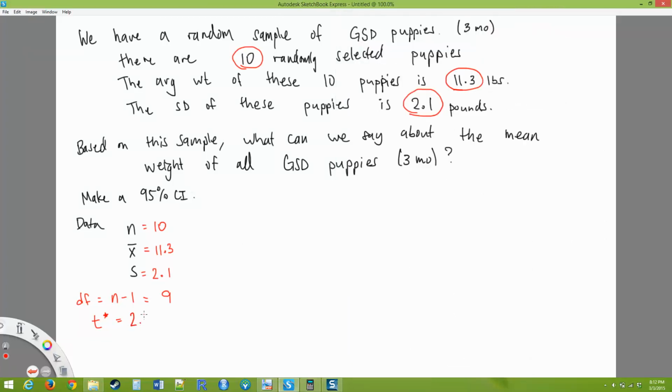So that's going to be our T star. Okay? So look in the table, 95% confidence, 9 degrees of freedom. And so now all we have to do is put all of this together: x bar plus or minus T star times s over the square root of n.